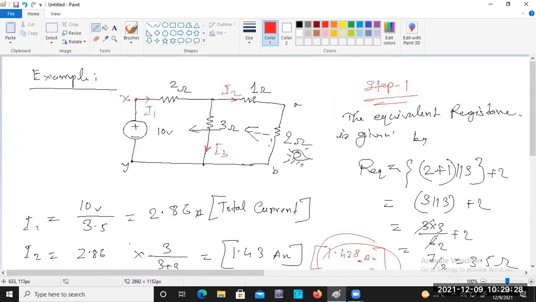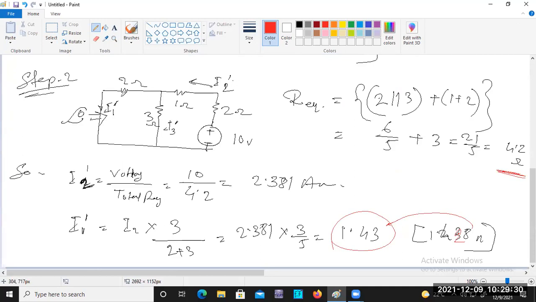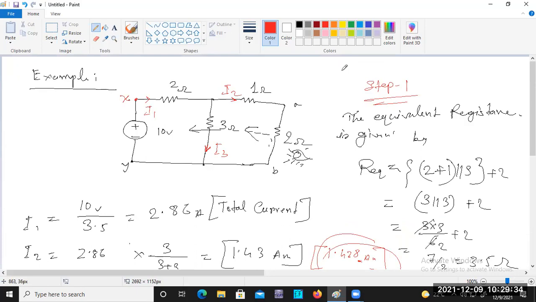Here I2 is identical to I1 dashed, because the circuit is just a mirror option, just like a mirror.